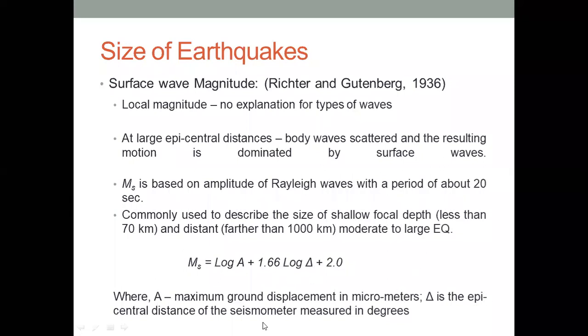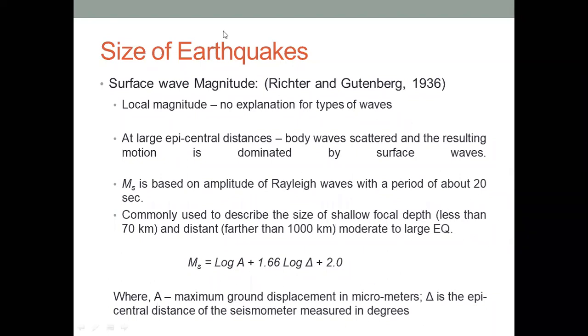And del is the epicentral distance of the seismometer measured in degrees. So it should be measured in degrees.